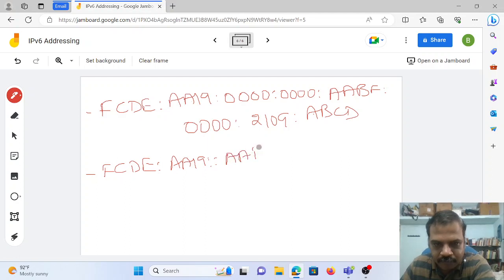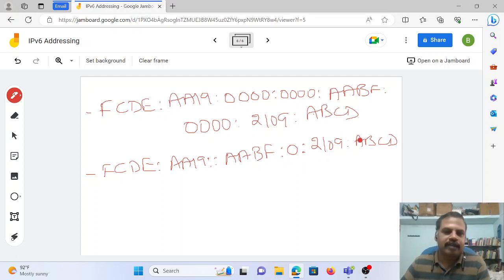We can write EA, and since we have already used double colon, here we can make the four zeros a single zero, because value-wise it is equal to a single zero, then 2109, ABCD. Like this we can cut short the value.